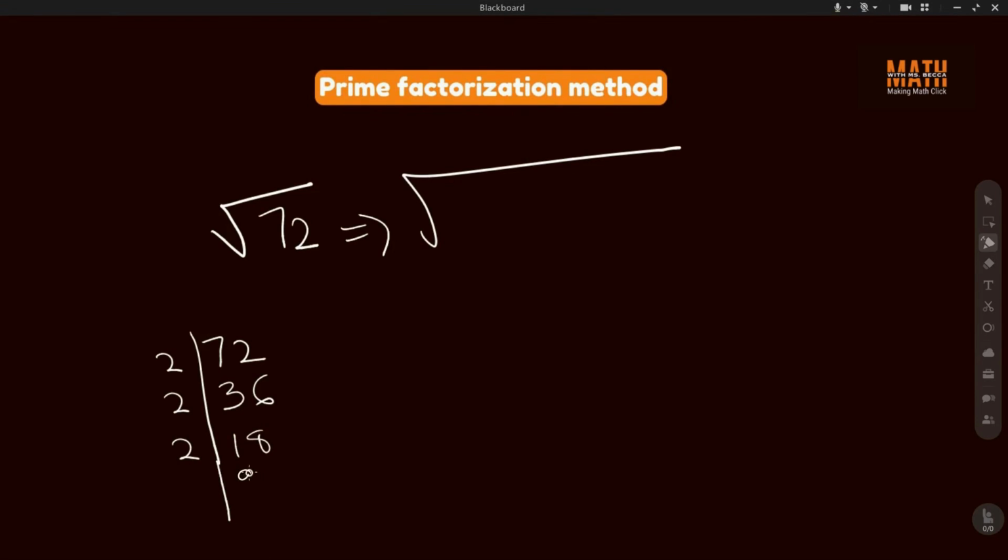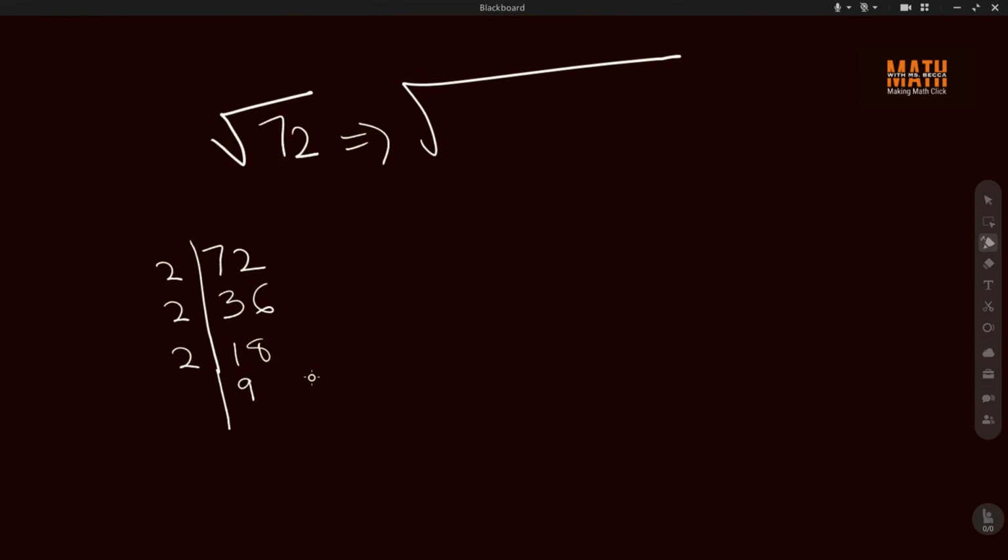Then this gives 9. Now, 2 can no longer go into 9 without a remainder, so we use the next prime number, which is 3. We divide 9 by 3, it gives 3, and then 3 divided by 3 gives 1. So the prime factors of 72 are 2 times 2 times 2 times 3 times 3.